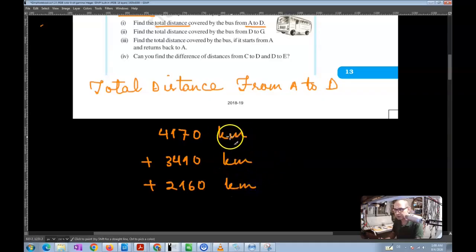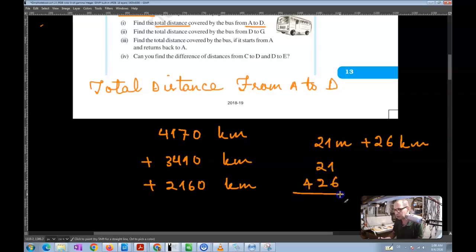And you note that the unit over here is kilometer and kilometer, meaning that we are not dealing with mixed units. For example, 21 meters plus 26 kilometers, you cannot just add the numbers together and say that's a 21, that's a 26, I add the numbers together, that's a 47, either meters or kilometers.